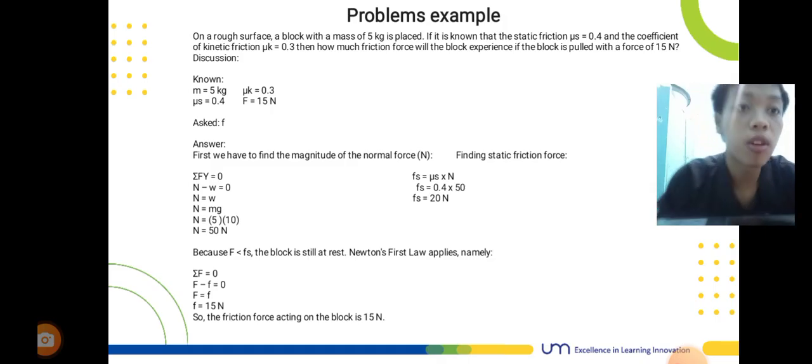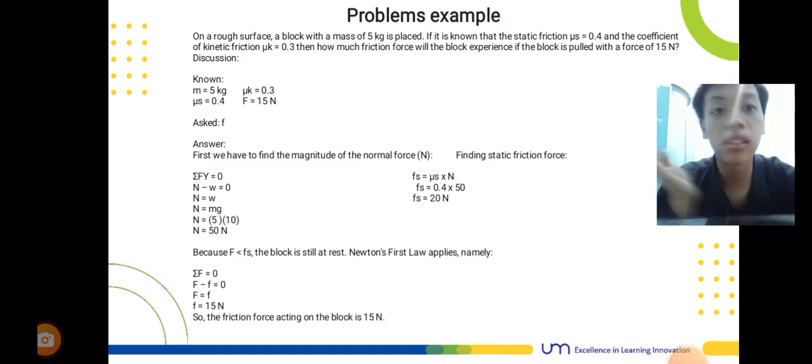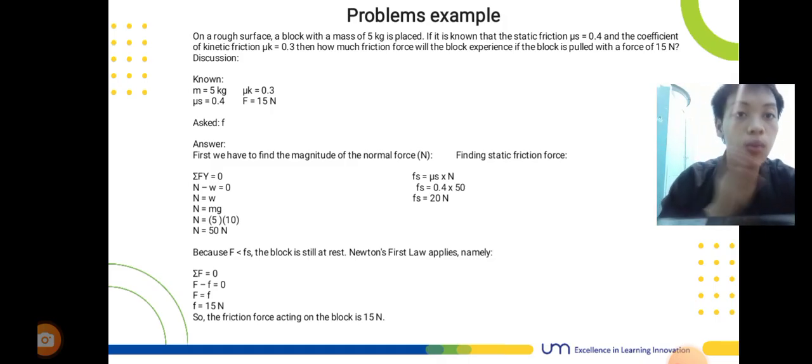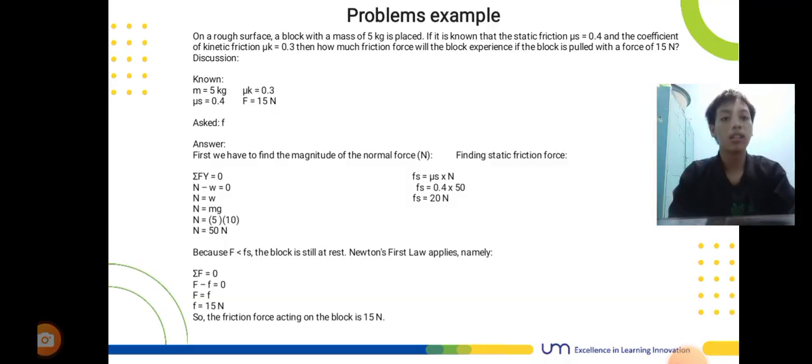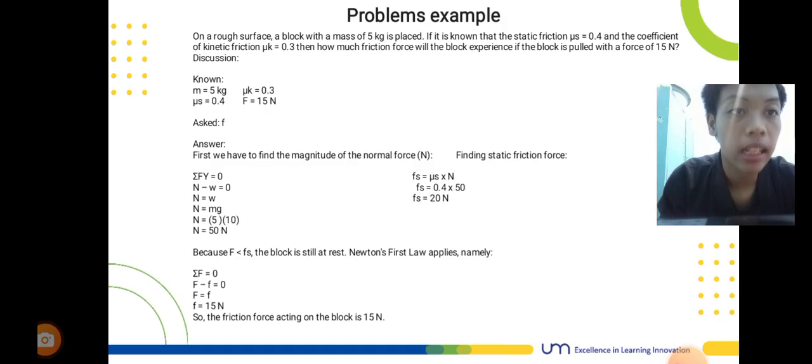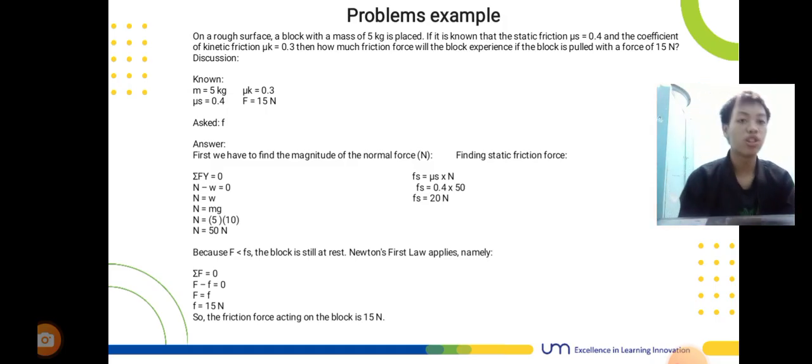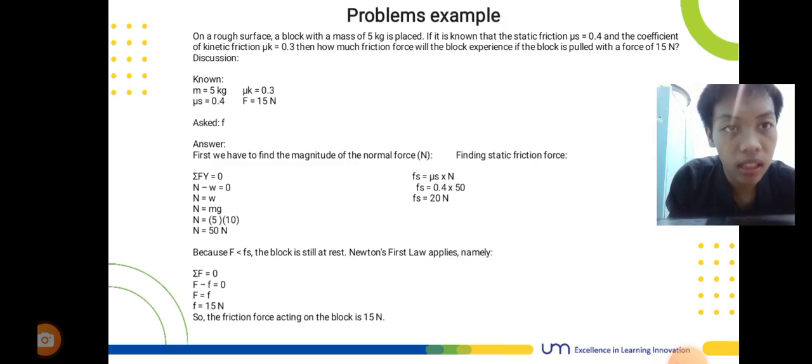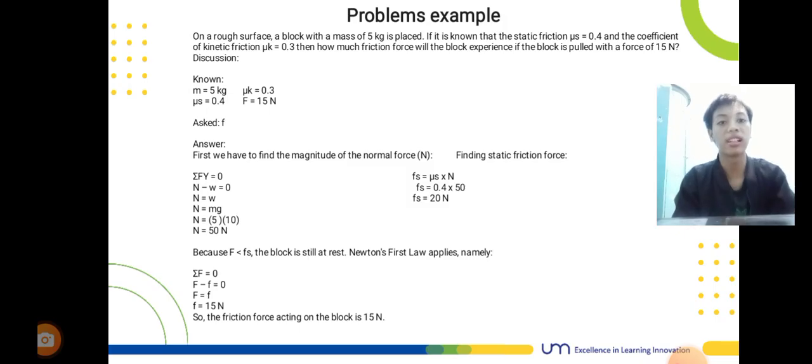This is a problem example. On a road surface, a block with a mass of 5 kg is placed. It is known that the coefficient of static friction Us equals 0.4 and the coefficient of kinetic friction Uk equals 0.3.